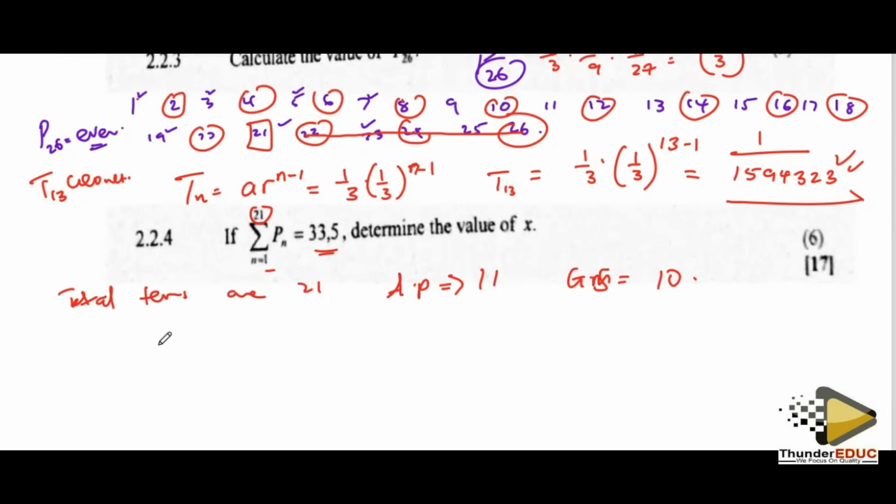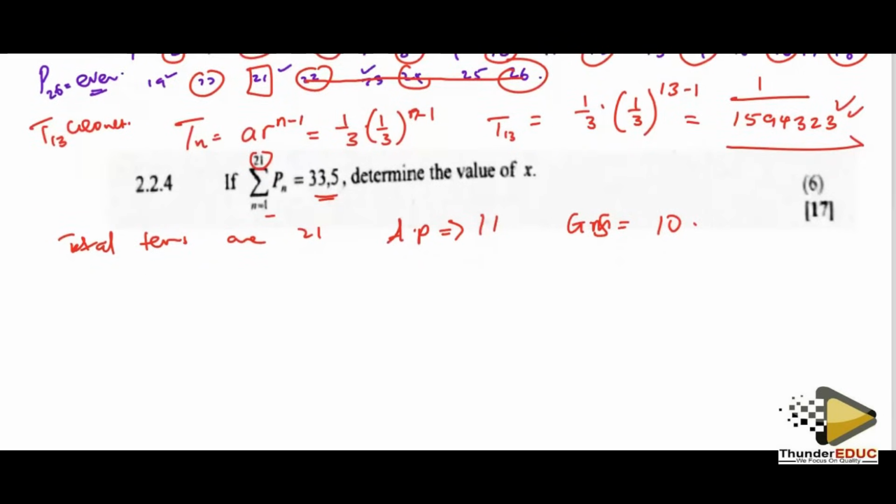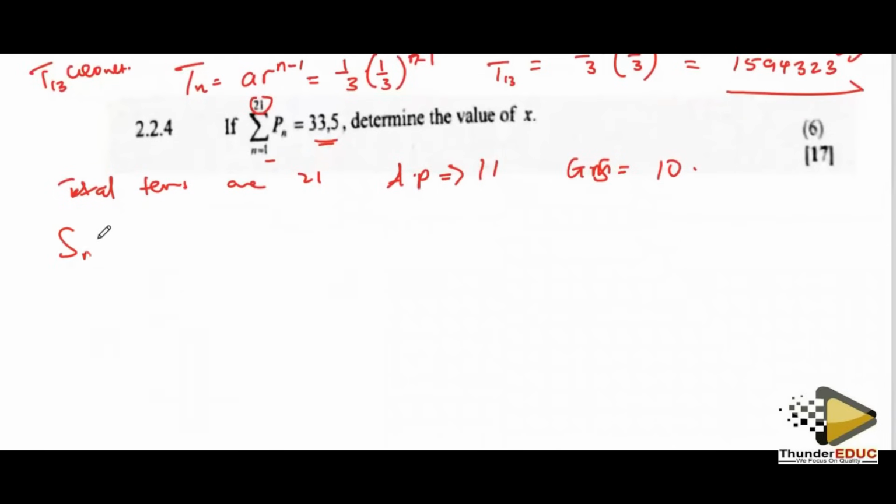Alright, so we know that the sum of an arithmetic is given as, I'm not going to look at the general formula for the sum. I can look at that summarized one that talks about n over 2 into a plus l, because I have my first term and I also have my last term.